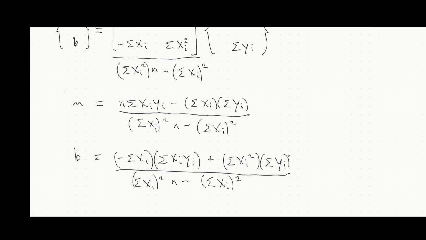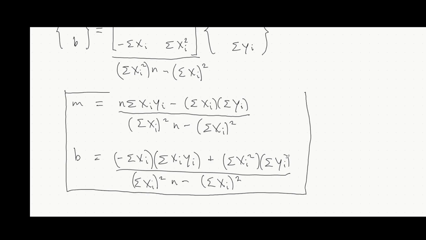And so these are the parameters for your linear model in order to minimize the error. So this is the best linear model for data with a perceived linear correlation in the least squares sense.